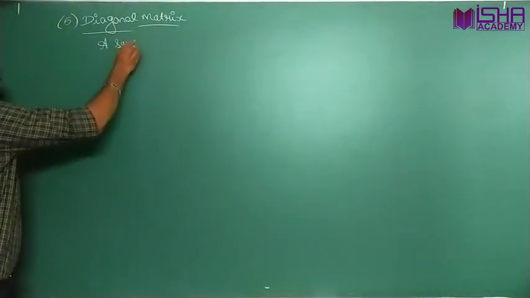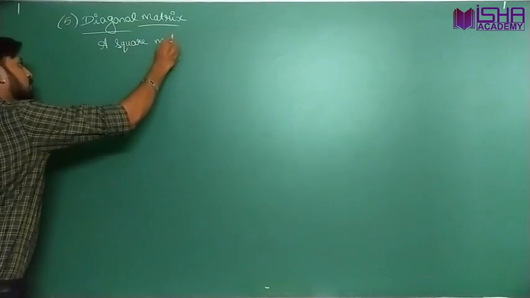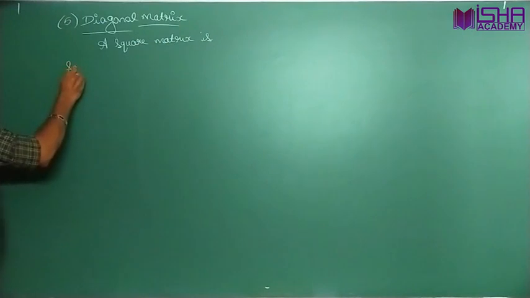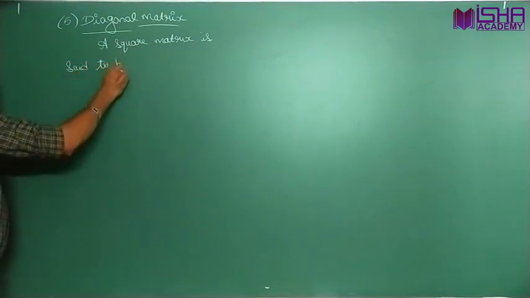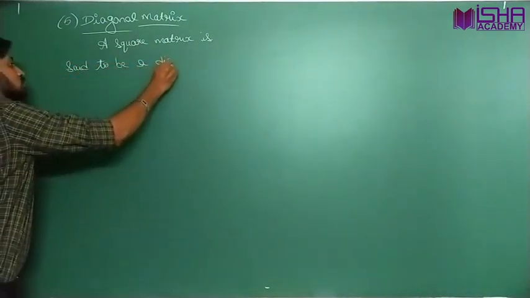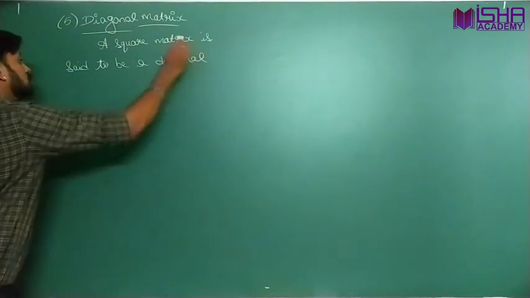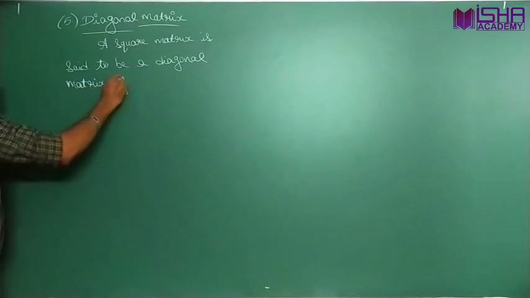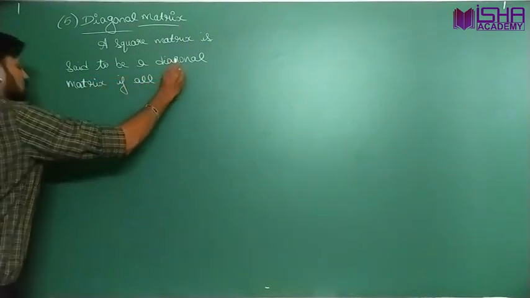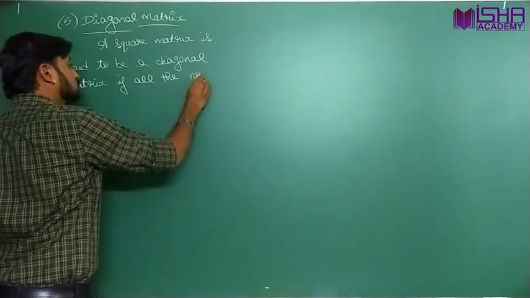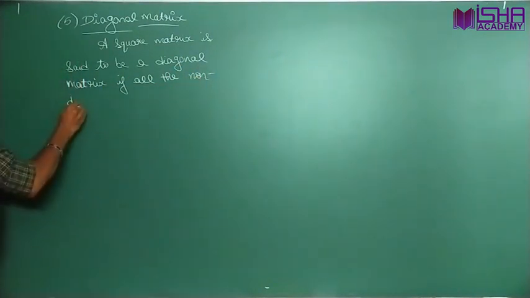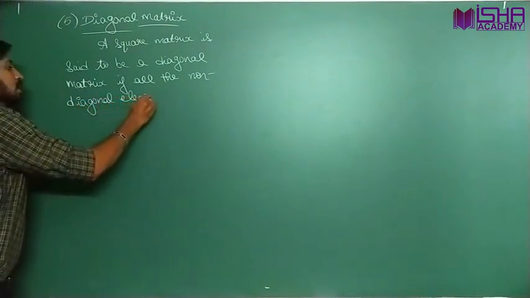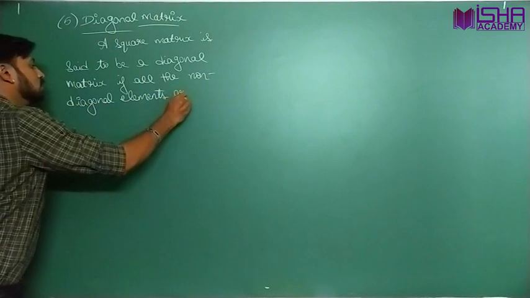A square matrix is said to be a diagonal matrix if all the non-diagonal elements are zero.